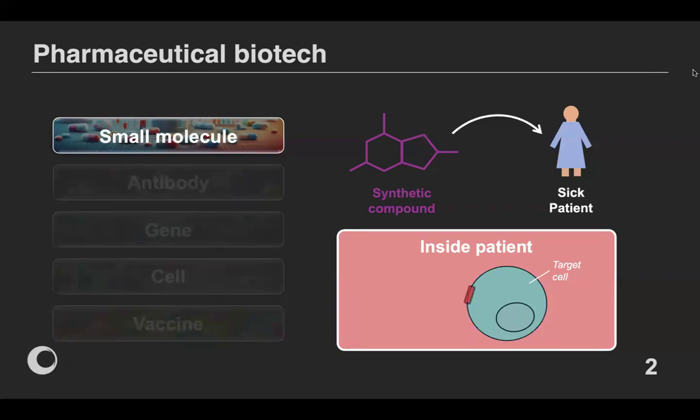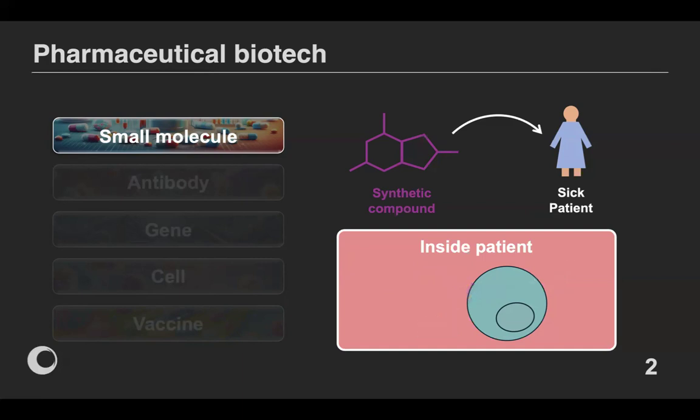These cells can have a surface receptor that these synthetic compounds can interact with once they are within the patient, in a way that activates or deactivates a pathway, inducing some sort of therapeutic response or curing the patient of the particular issue that they're having.